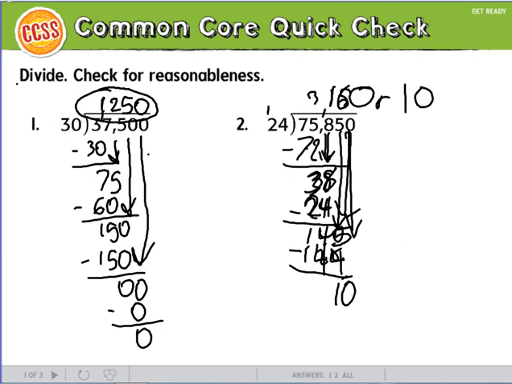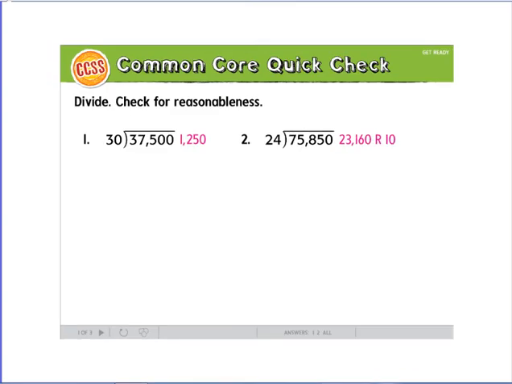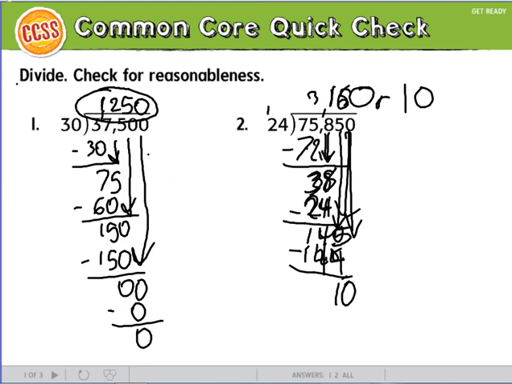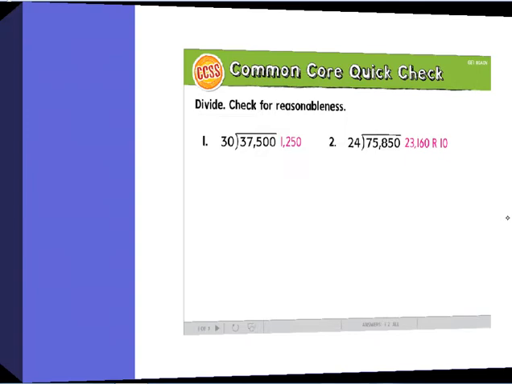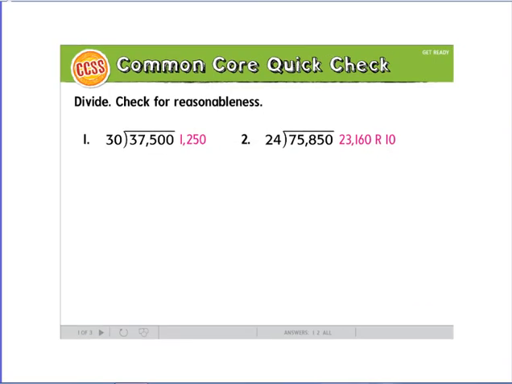So there it is. I'm not sure why that's at 23,000, but there you go.